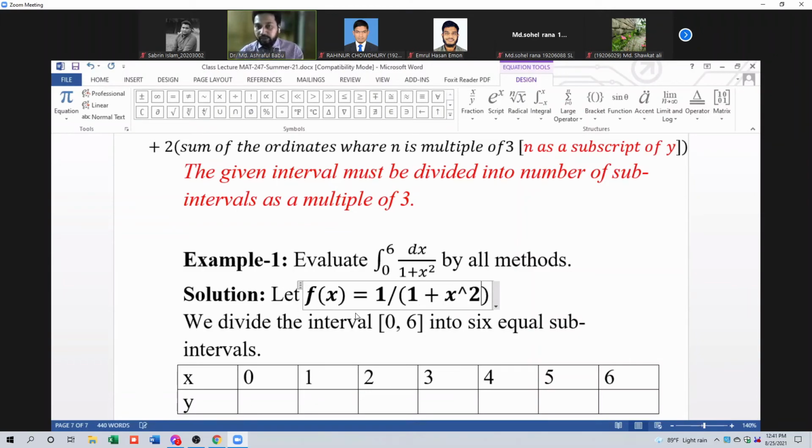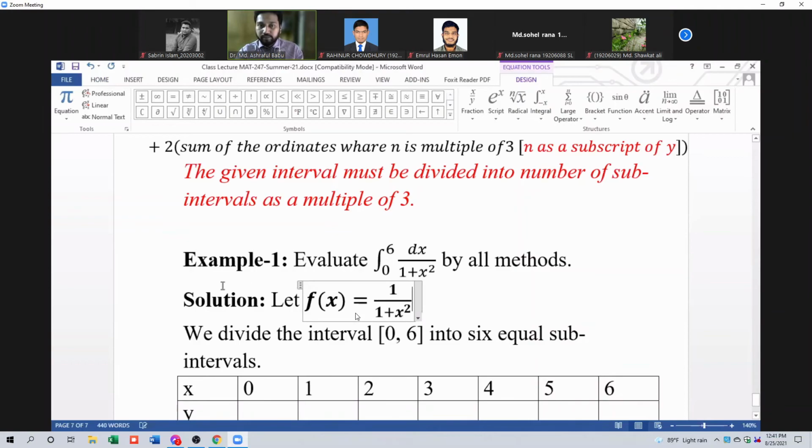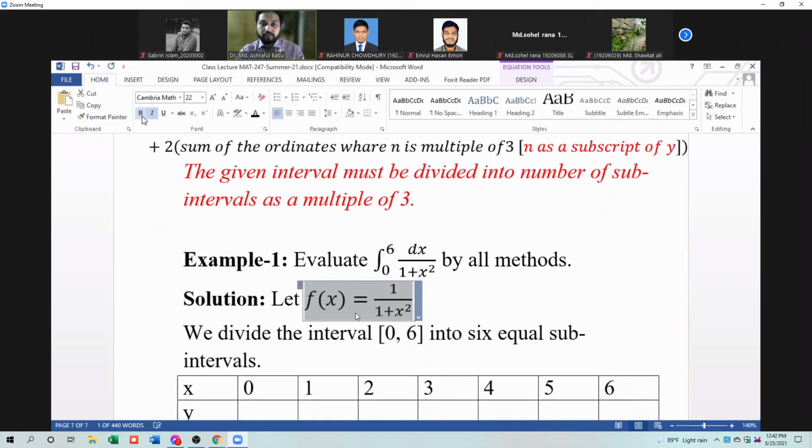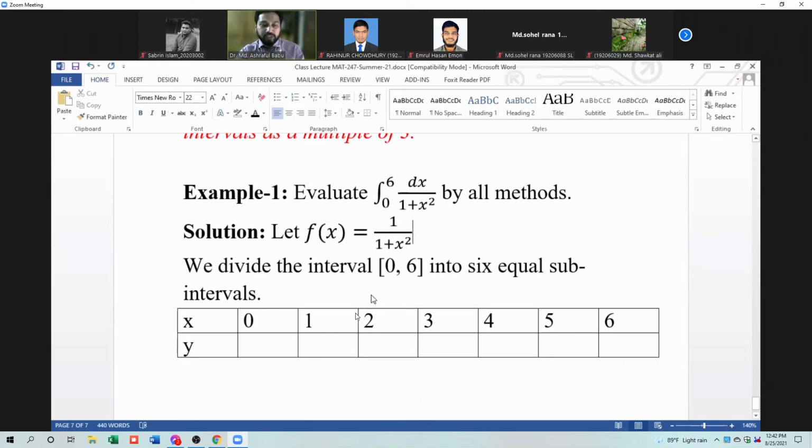So this is our function. So you have to put this value of x in here. Put the value 0 in here, that will be 1. Put the value 1 in here. So 1 square is 1, 1 plus 1 will be 2. Sorry, 1 by 2. So 1 by 2 means 0.5.